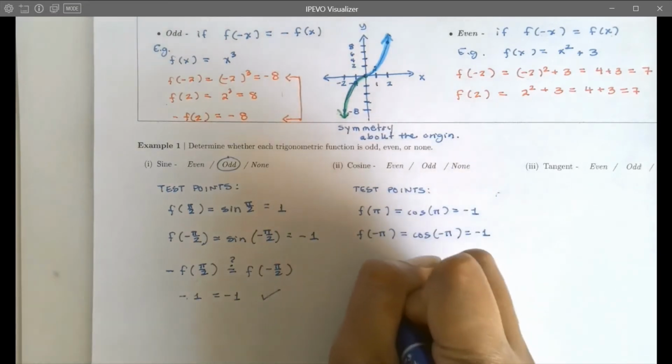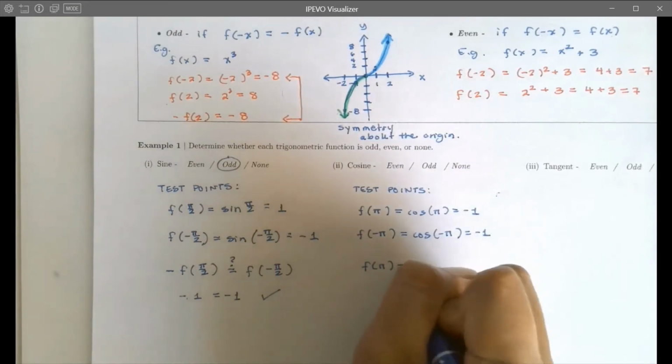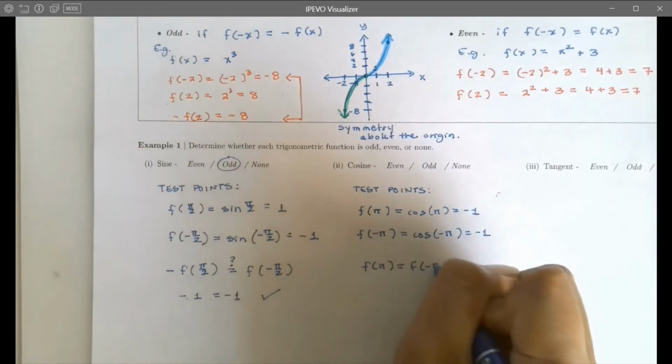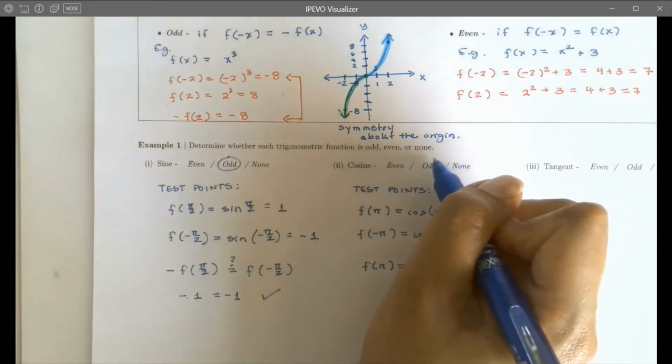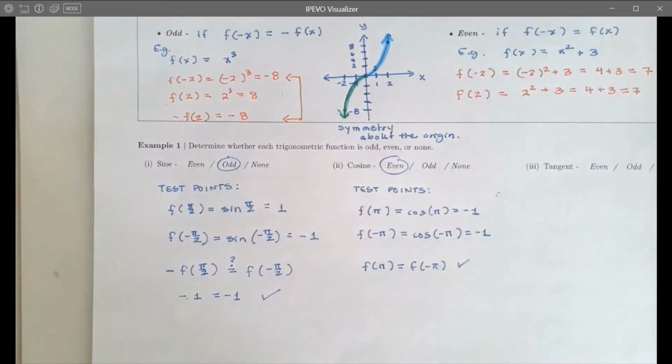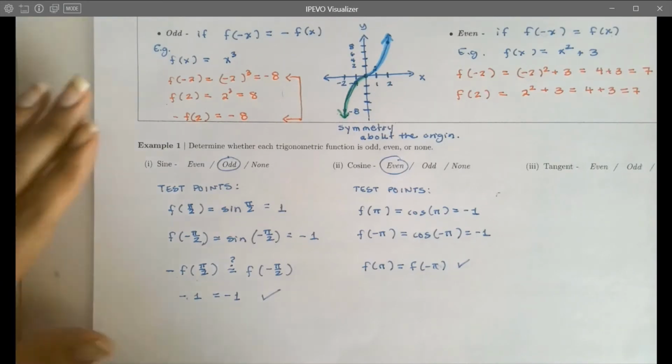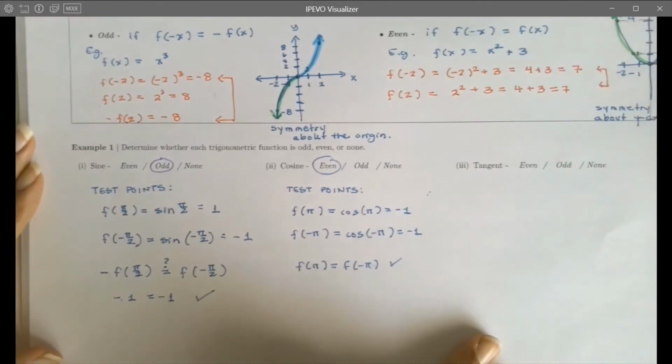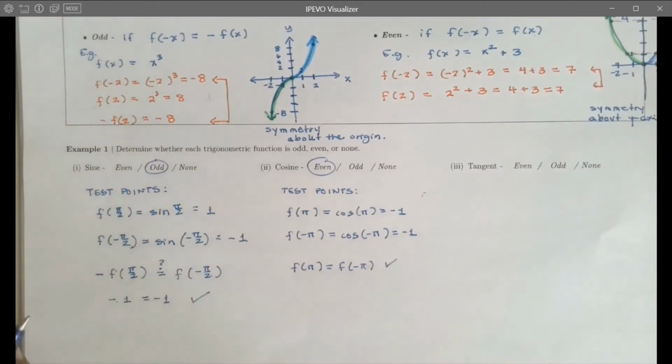Okay. So in this case, f of pi indeed equals f of negative pi. So again, it doesn't prove it, but it confirms to us that cosine is an even function. And we're going to consider one last graph, which is tangent.